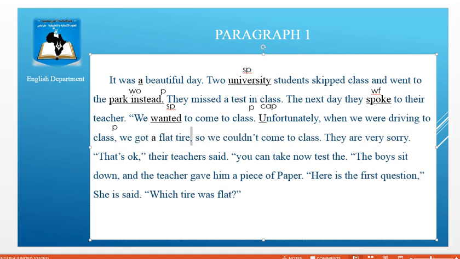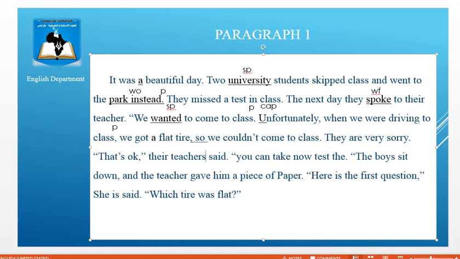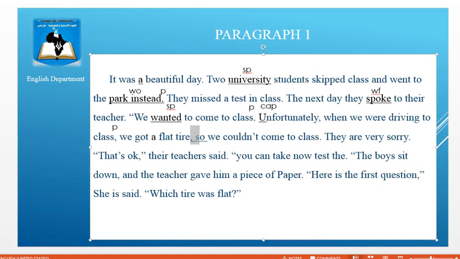So this is a mistake, which is called connect to make sentence. Okay, we couldn't come to class. We need something here. Okay, no, it's okay.